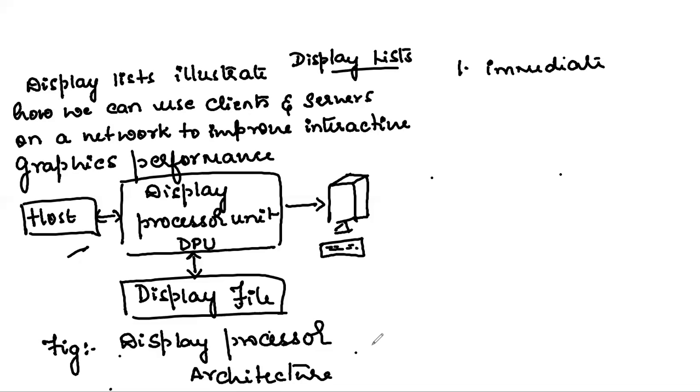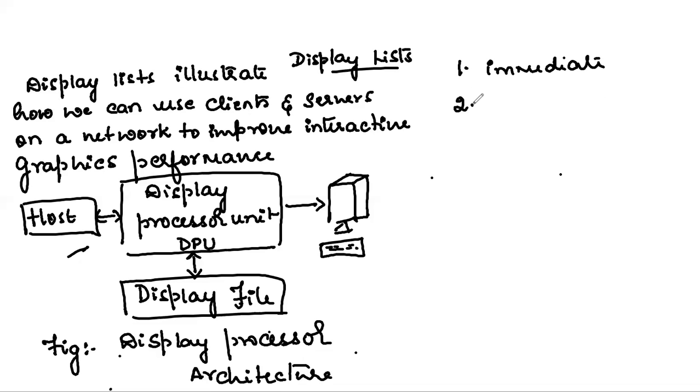If you want to redisplay the primitive after clearing the screen, or display the same object at a new position, you need to resend the information through the display process. So this is the first method.